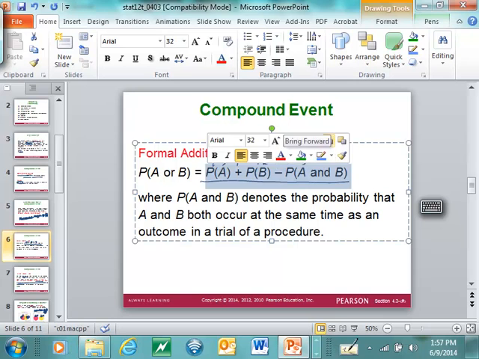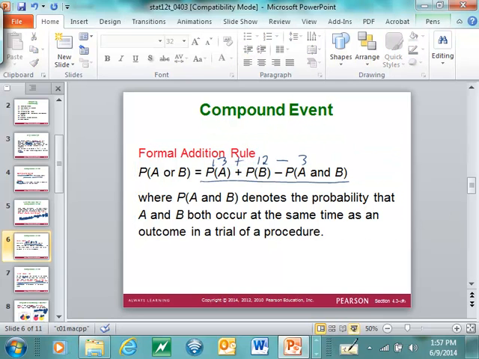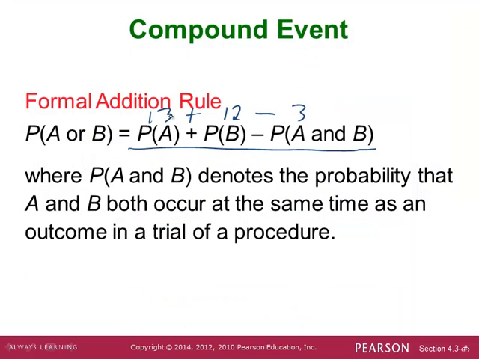Okay? So you could either, and let me just clarify this, by the way, when I did 13 plus 12 minus 3, I really should have divided by 52 in order to get these individual probabilities. Otherwise, I can just do 13 plus 12 minus 3, all divided by 52.